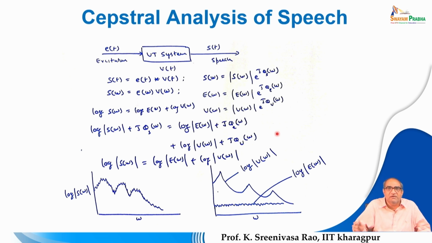From a given speech signal you can capture the vocal tract response as well as the excitation component, and you can use these two components separately for speech tasks such as speech recognition, speaker identification or language identification. You can take the error signal itself and derive appropriate features from it, and analyze them for discrimination of sound units.